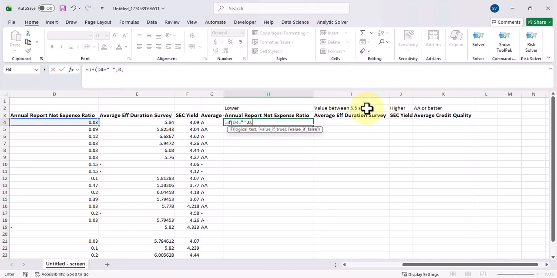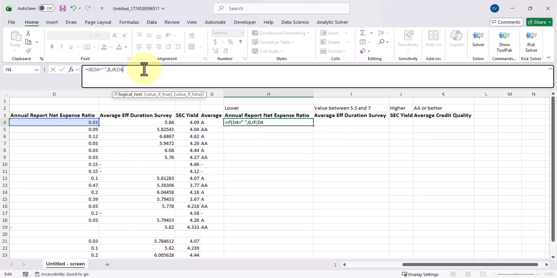If it's false, then I want it to take a look at it and tell me if it's less than or equal to the value down here for the percentile, 20th percentile. So if D4 is less than or equal to the value down here in our 20th percentile, I'm going to lock that into place.